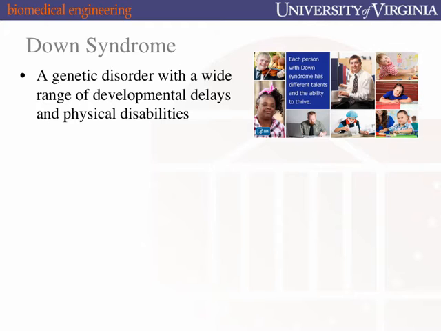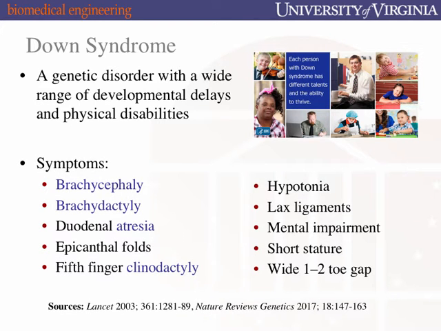Let's begin with Down syndrome. I'm sure this has touched many of you, perhaps in your family, a neighbor, relative. A genetic disorder, of which it's very clear, different developmental delays and physical disabilities. The symptoms overall, the phenotypes of Down syndrome individuals are many and obvious.